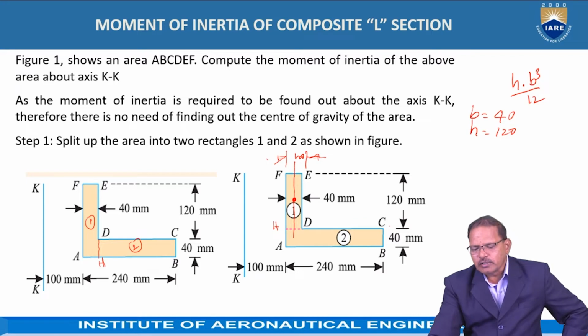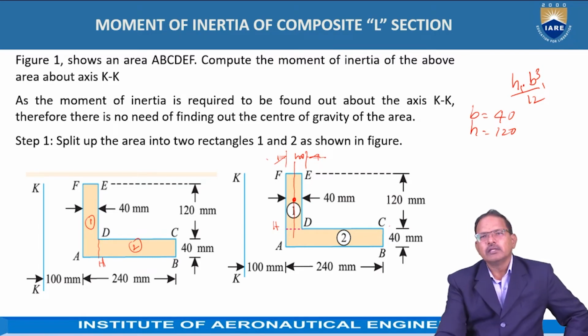That is h b cube by 12, where I am taking a convenient notation h1, b1, where h1 is representing the height or depth of the rectangle EFHD, and the breadth is 40 and so on. That is, by using h1 b cube by 12.